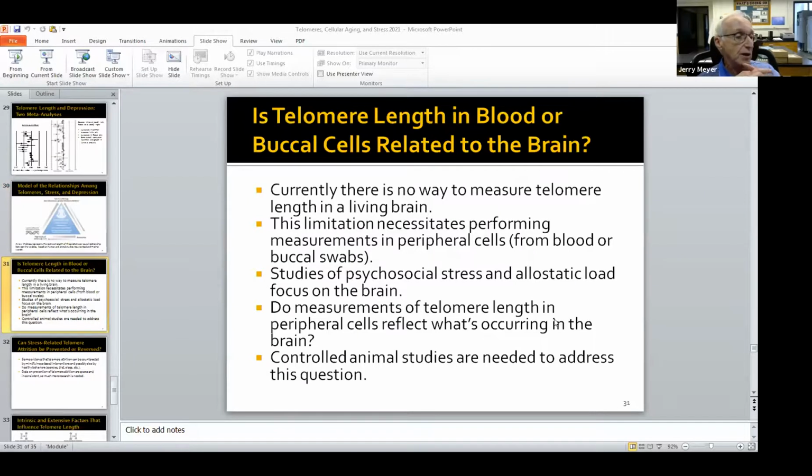Most authors of research on psychopathology, on psychosocial stress and so forth, don't address the question of whether the results that we see using peripheral cells, which is necessarily what we have to do in human studies, are reflective of what's going on in the brain.